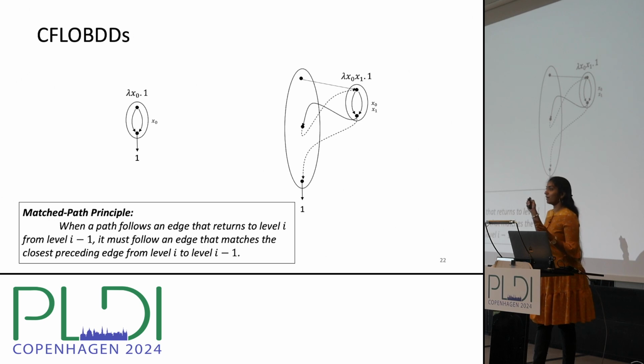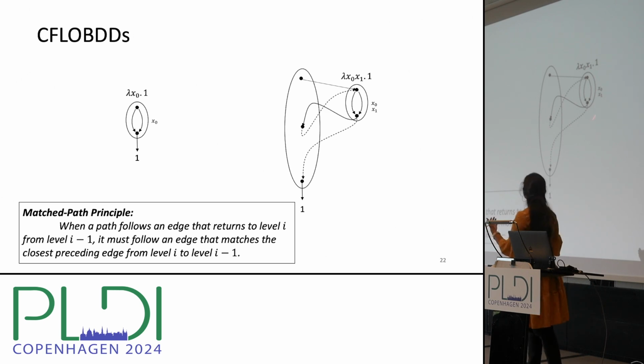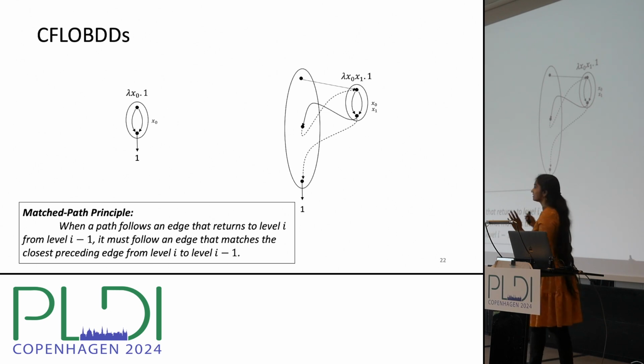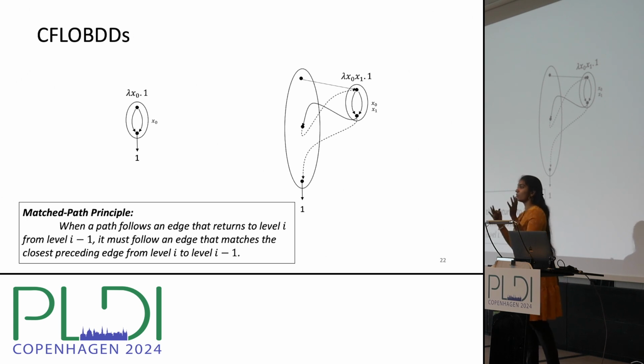That is, when you enter a function using, say, a solid edge, you always know where to return. You always leave the function using the solid edge. Similarly, if you enter using a dotted edge, you leave the function using a dotted edge. And this sort of adding hierarchy and using this procedure-call mechanism is what gives CFLOBDDs a more compressed representation than what BDDs can do.